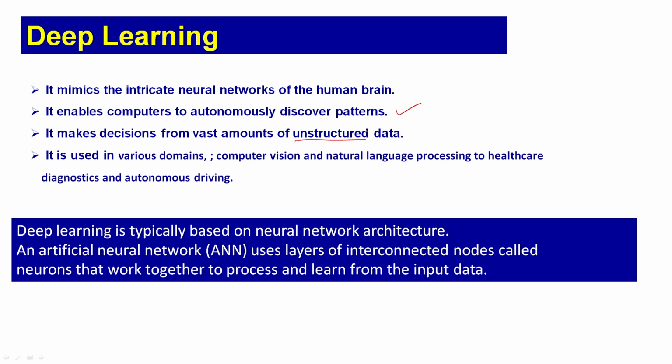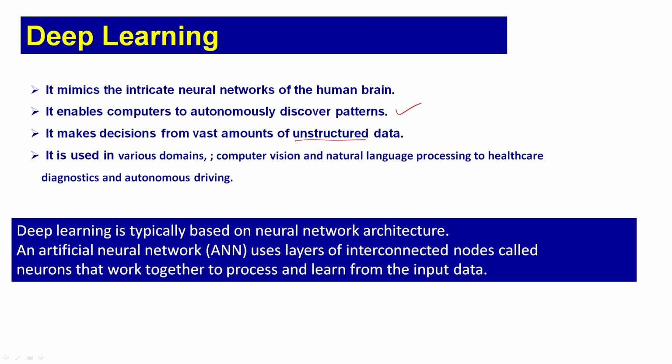It need not be structured at all; it can be text, images, or even videos. That is why it is used in different kinds of domains, most importantly computer vision, NLP, that is natural language processing, or even healthcare.